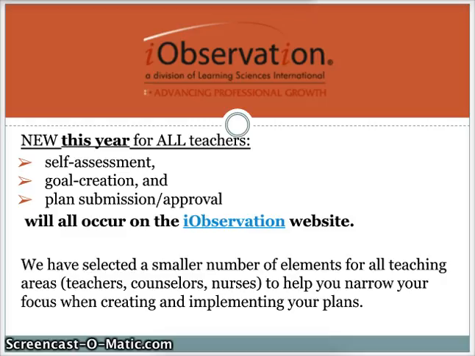So, if you are a special education teacher, a counselor, a nurse, instructional support, or a classroom teacher, all learning maps, all plans, and all elements are now found in the iObservation website. We also now have a smaller number of elements for you to choose from to help narrow your focus and make things a bit simpler for you.